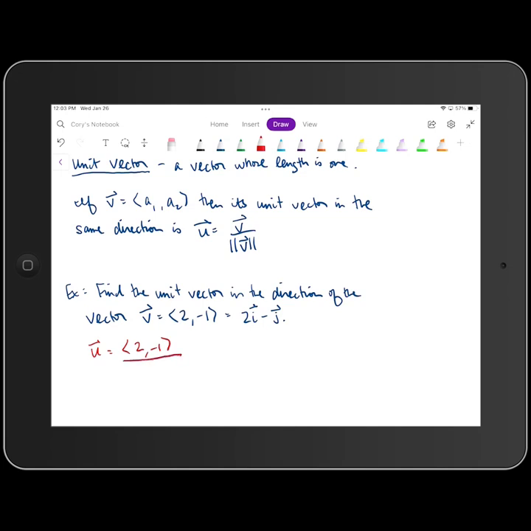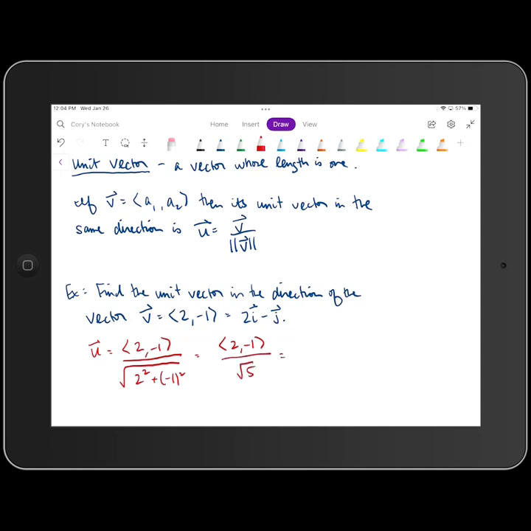And then we're going to divide that by the magnitude of that vector. So if we want to compute the magnitude, it's going to be the square root of the first component squared plus the second component squared. So this is like the vector with components 2 and -1 divided by the square root of 5.